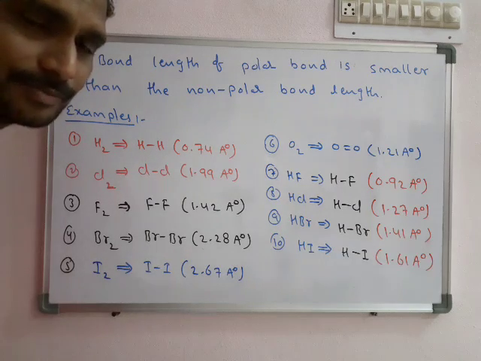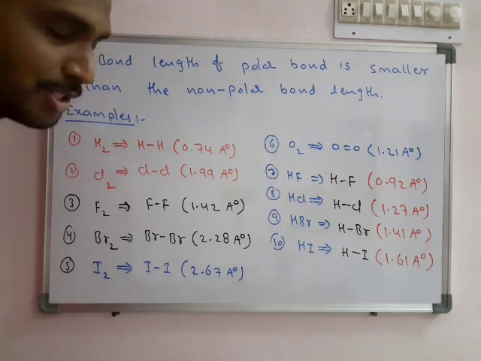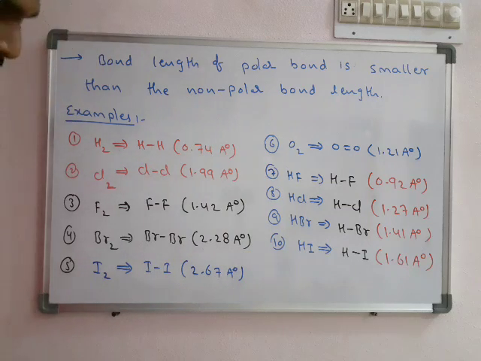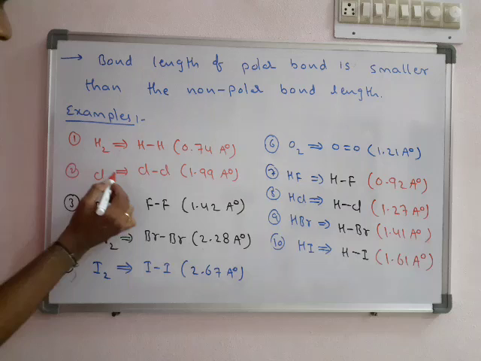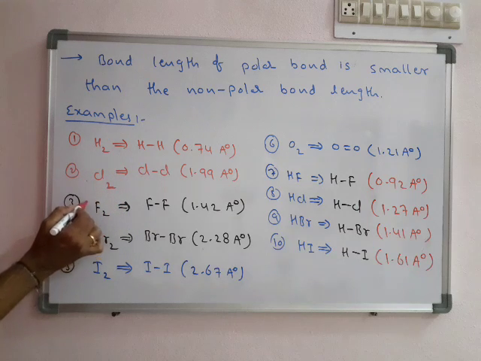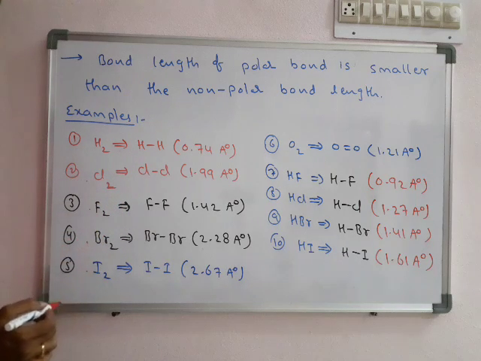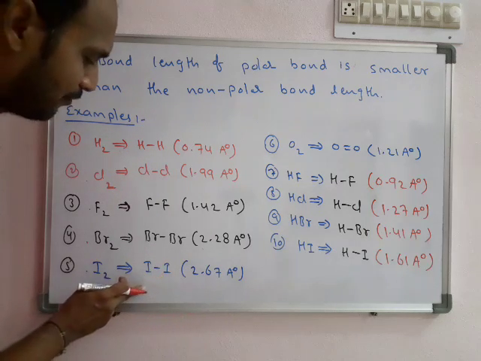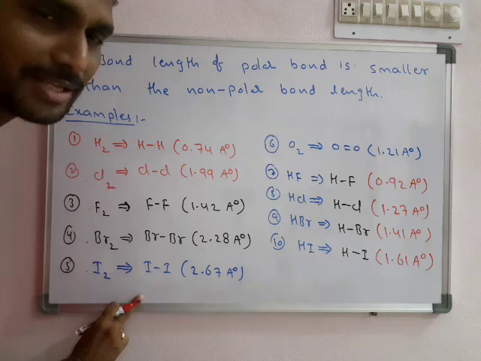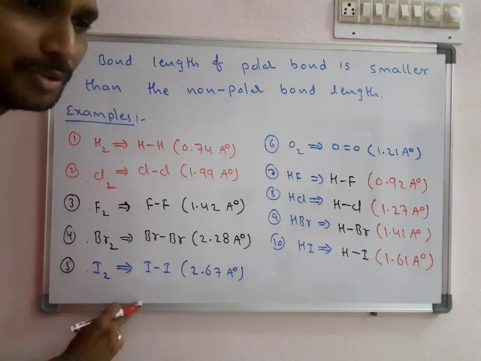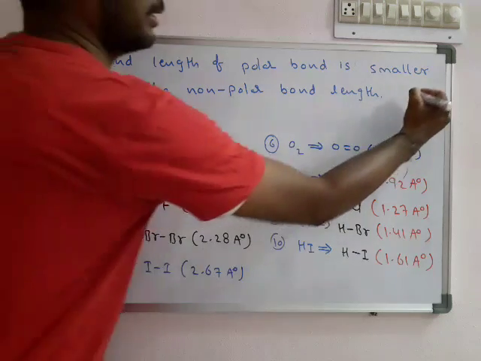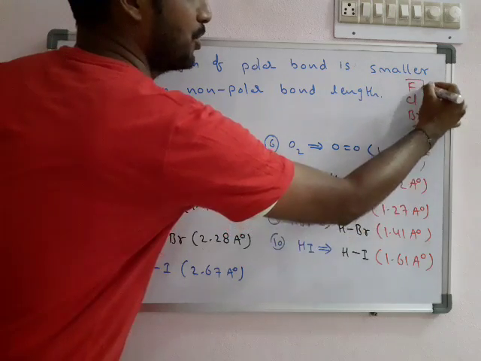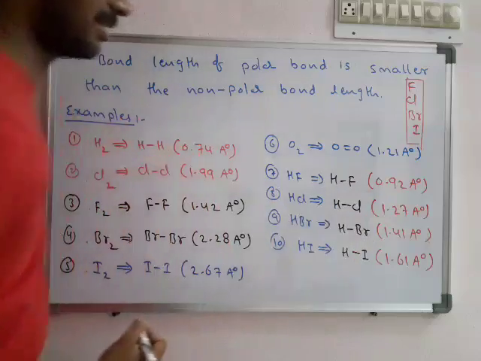We gave these examples to compare: fluorine, chlorine, bromine, iodine. These are the halogens belonging to the same group. In which group of the periodic table? The 17th group. The order is fluorine, chlorine, bromine, iodine.